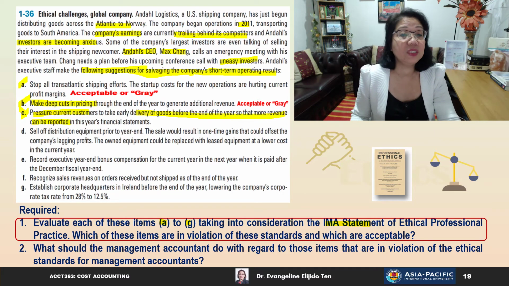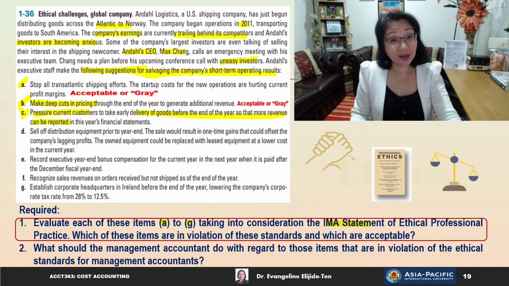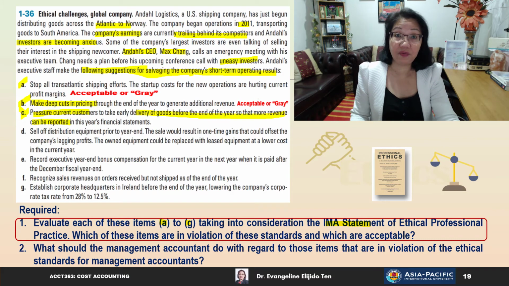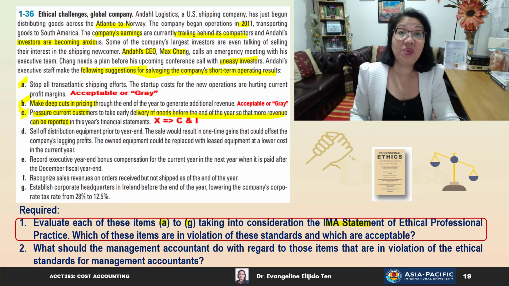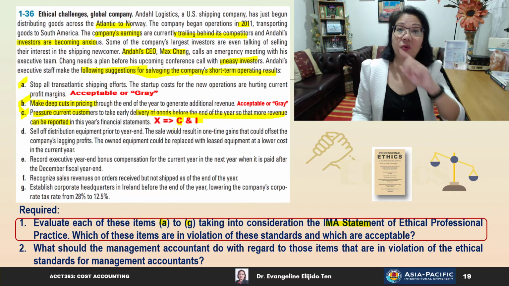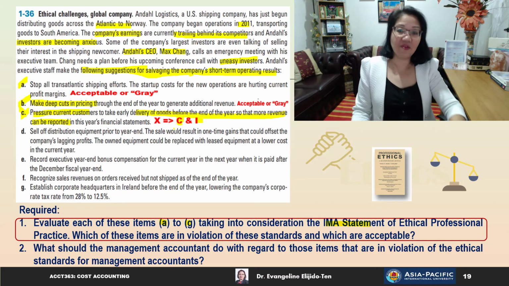Therefore, the overstatement of revenue in the current period will mislead investors to believe that the company's financial well-being is better than the actual results achieved. So this practice would violate the IMA standard of credibility as well as integrity. So X for no, it's in violation.